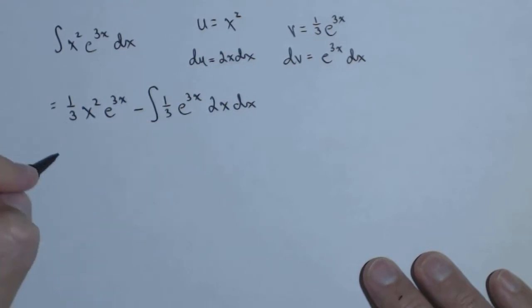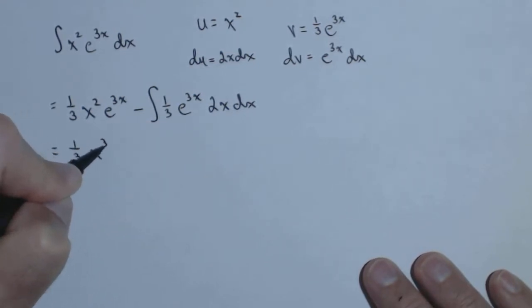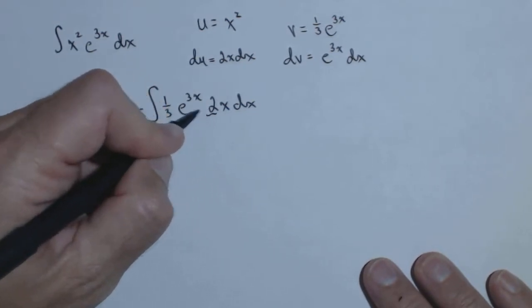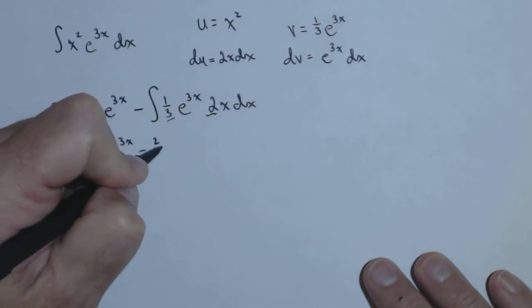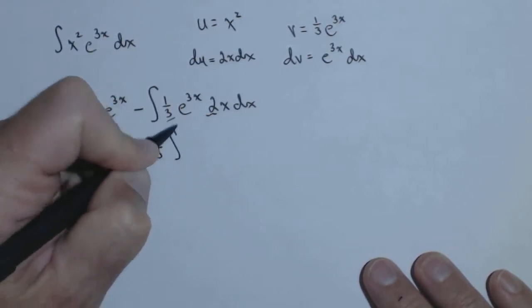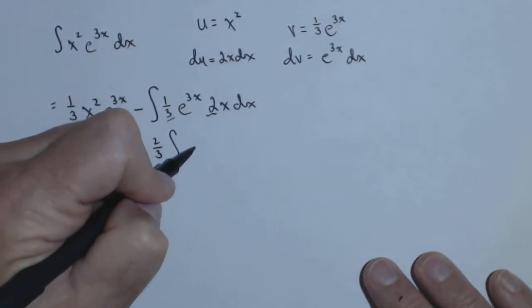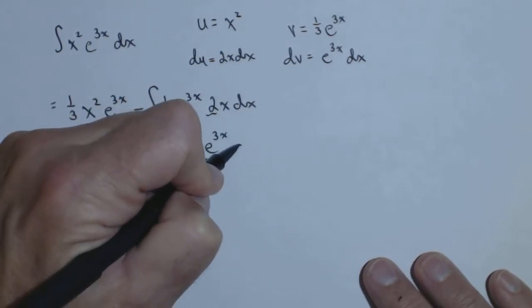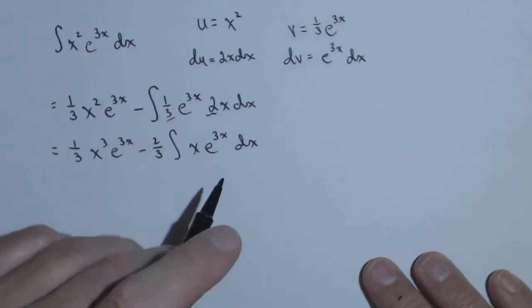I like to pull out all constants before I redo my integral. So 1/3 x squared e to the 3x minus, I'm going to pull out the 2 and the 1/3, so minus 2/3 times the antiderivative of x e to the 3x. I'm just changing up the order of our product to match what we're used to seeing.